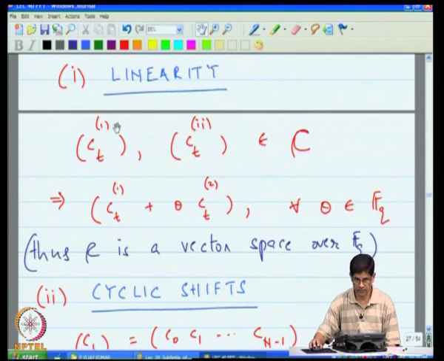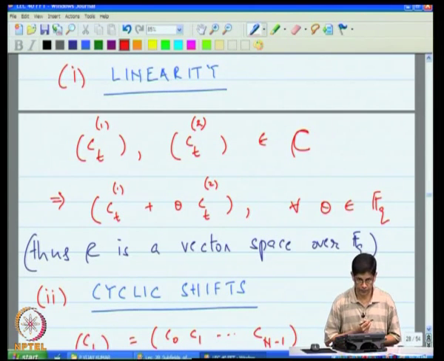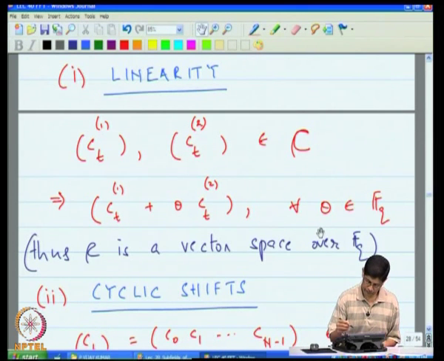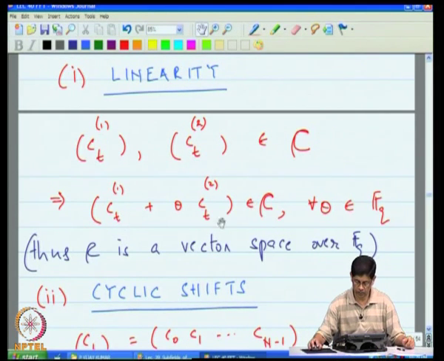So, you must satisfy the linearity constraint, which says that if C t superscript 1 and C t superscript 2, let me correct that, that should have been an ordinary Arabic numeral 2, are two code words, then their linear combination must also belong to the code.